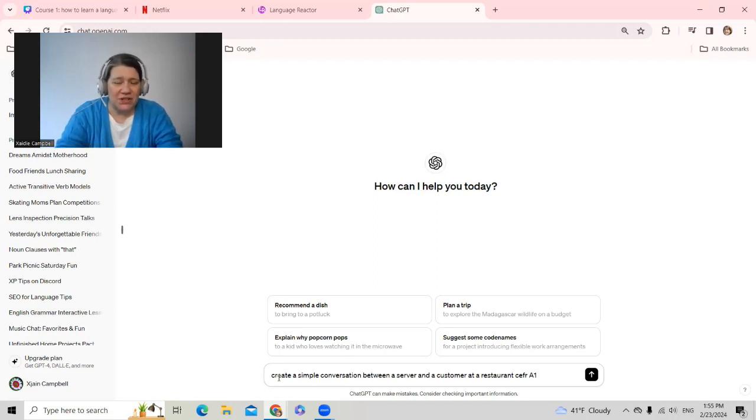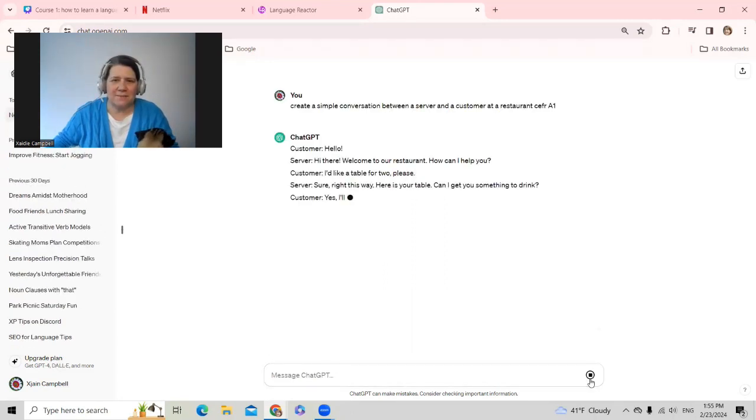Okay, it's important to always put the level or it's going to give you stuff that's too difficult. You don't want stuff that's too difficult. If it's too difficult, then you're not going to remember. You want stuff that is just a little bit harder than where you are now. So I'm going to have it create.